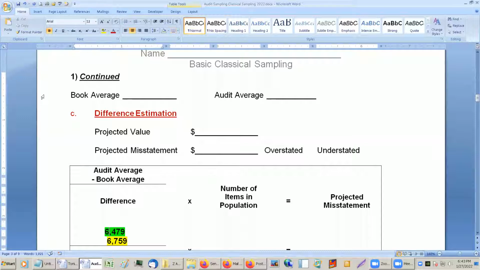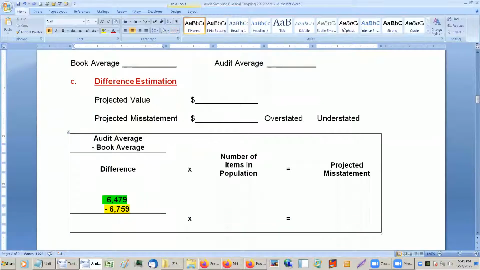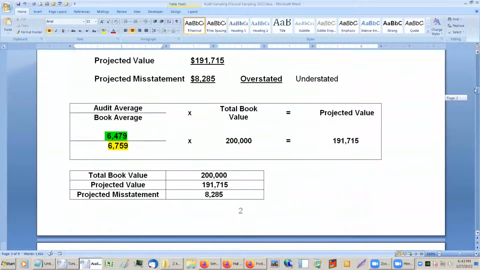By the way, when you're looking at the ratio and the difference estimation, the audit value comes first and then the book comes second. Just think about it, it's alphabetical.